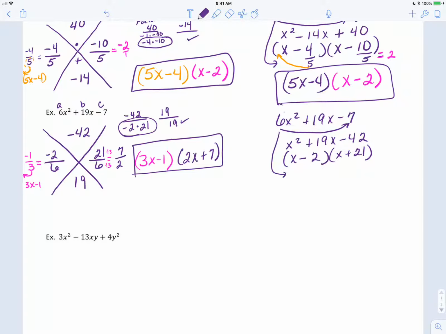Then we've got to remember to divide by the 6. So that makes 3x minus 1 and 2x plus 7 when we reduce that. Okay, you see how you get the same answer.